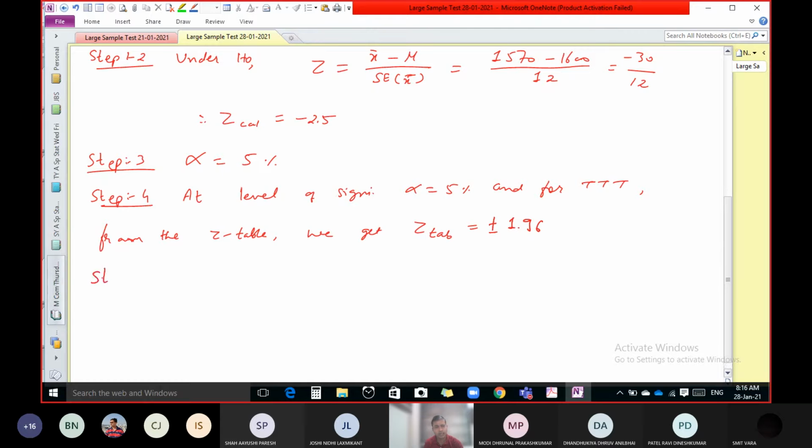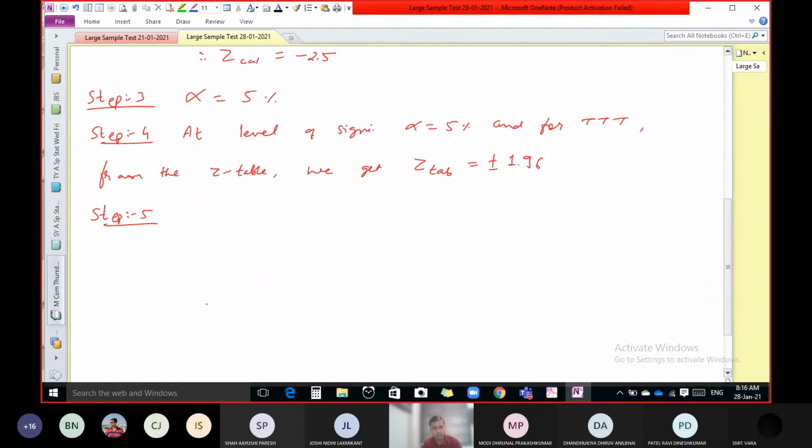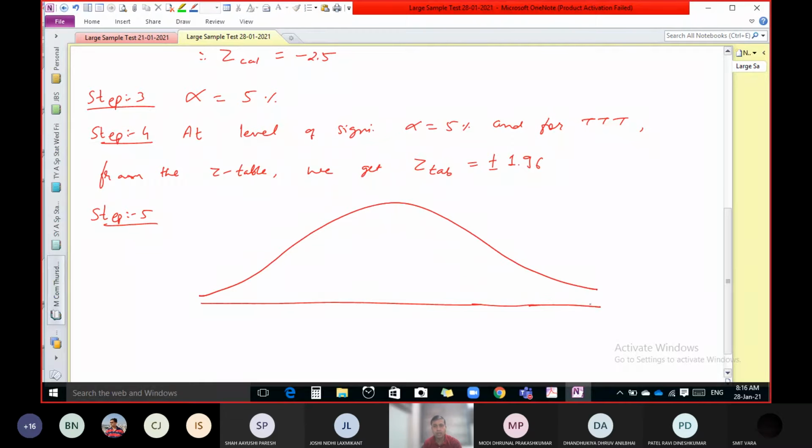And now the last step, step 5, decision. For that, what do you have to do? You have to draw the normal curve first of all. Okay. Now, here the value of Z is 0.